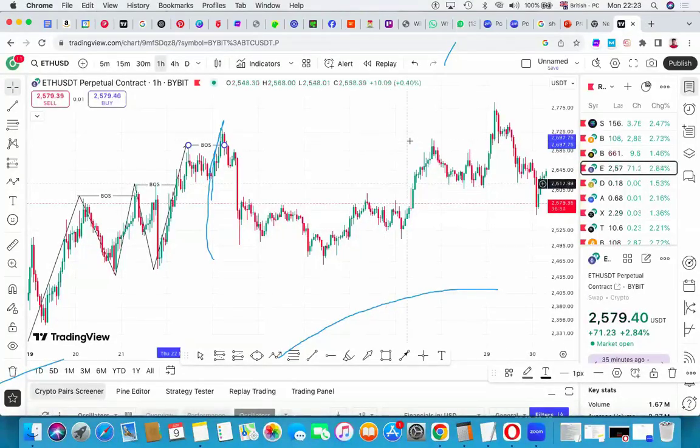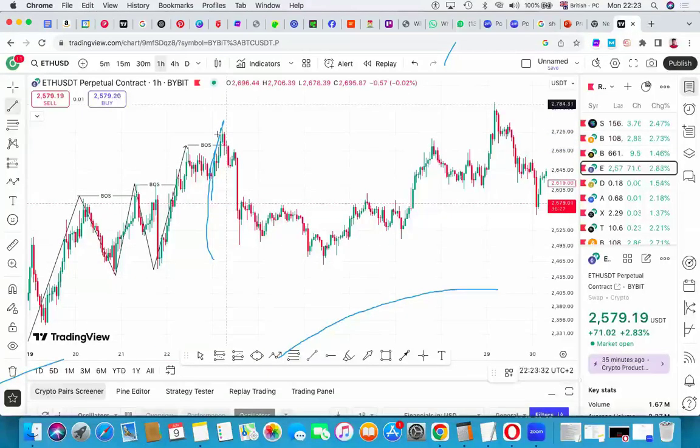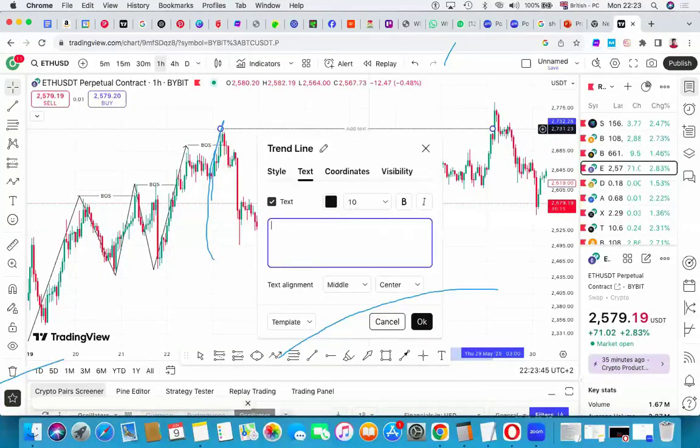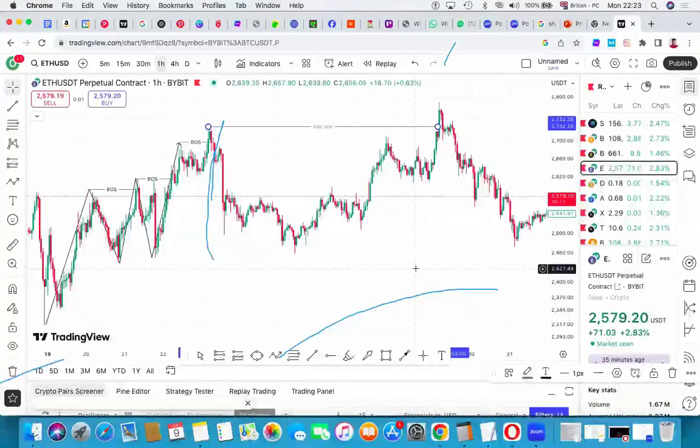So before we had a break, this swing high. So we had a break after a lot of change.